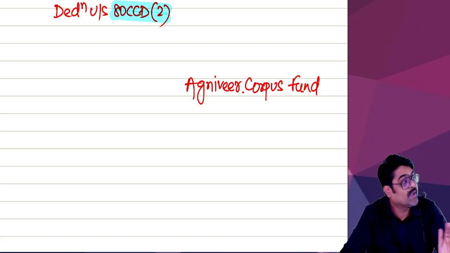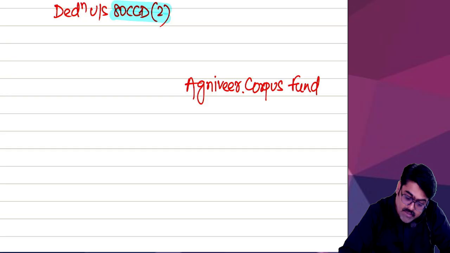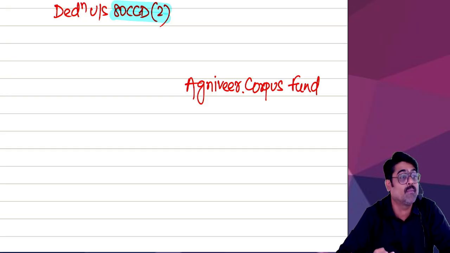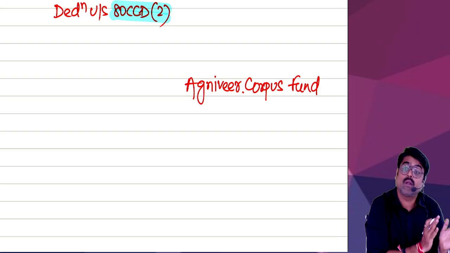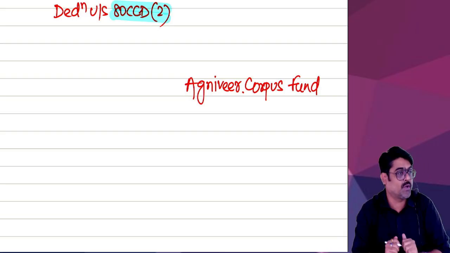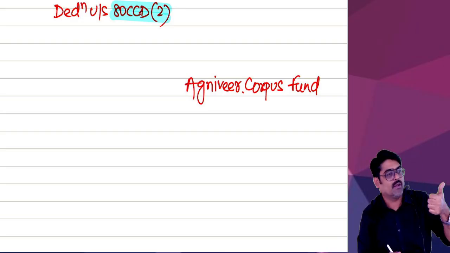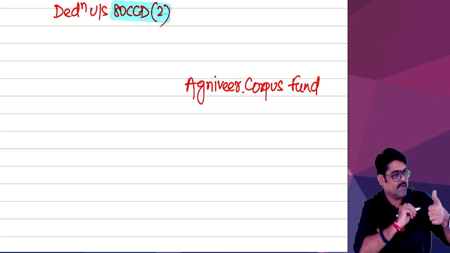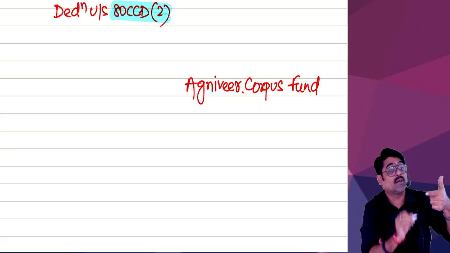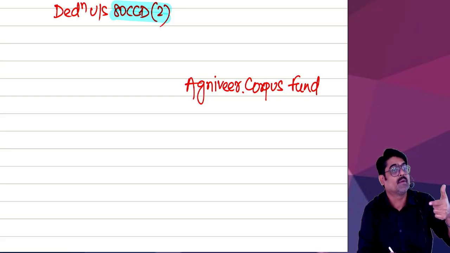But during the COVID times, this scheme has come. The name of the scheme is Agnipath scheme. Under the Agnipath scheme, if you are joining as a soldier, you have to join under this scheme first. Write your written exam, pass the medical exam, then you will join.